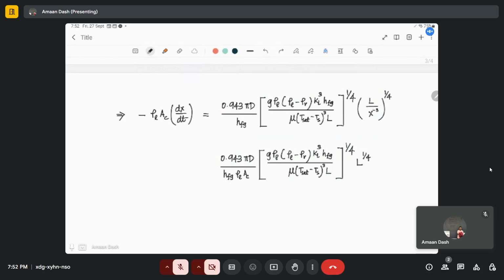I think this will be x cube, right? Not minus 3, x cube. Yes. So here it will be x to the power of 3 by 4 times dx.